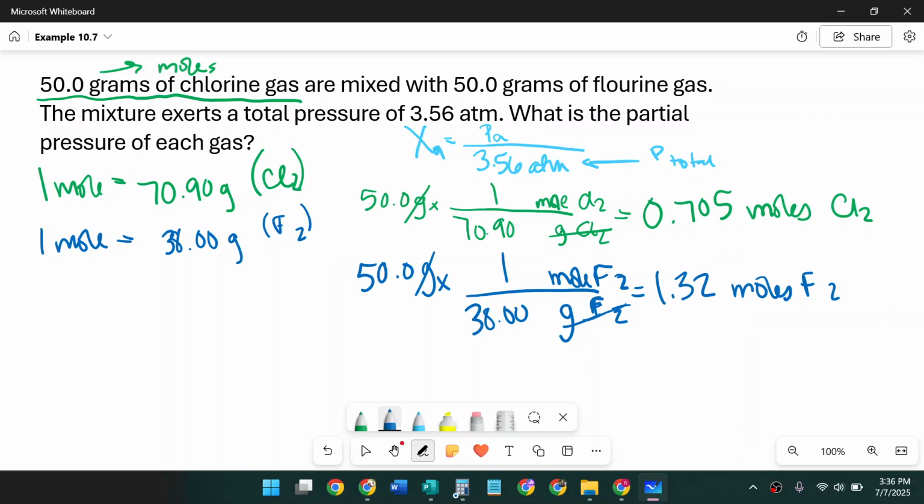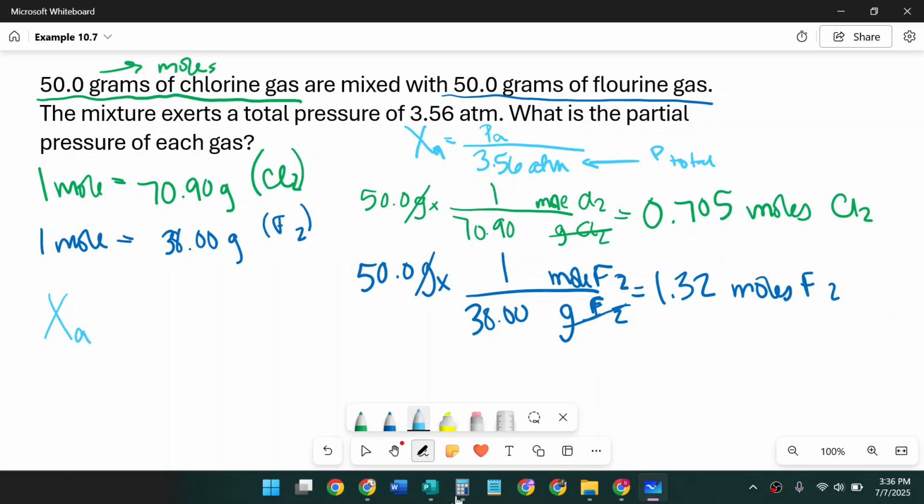Okay, so we have the number of moles of chlorine gas, and we have the number of moles of fluorine gas now that we've converted them from grams to moles. So to do our mole fraction, which is not what it's asking for, it's asking for partial pressure. So what the question actually wants is this. It wants the number for each of the gases.